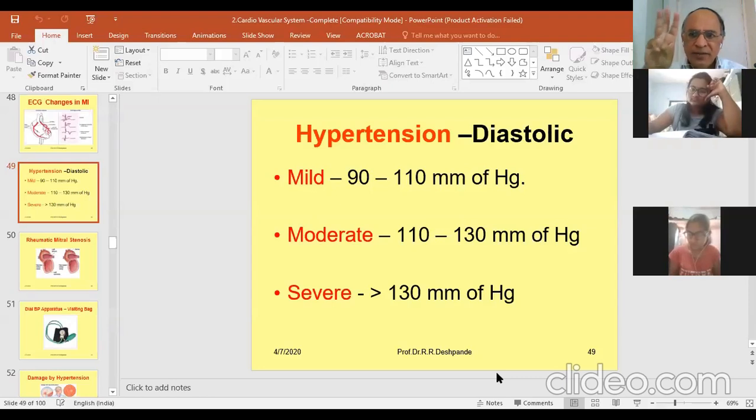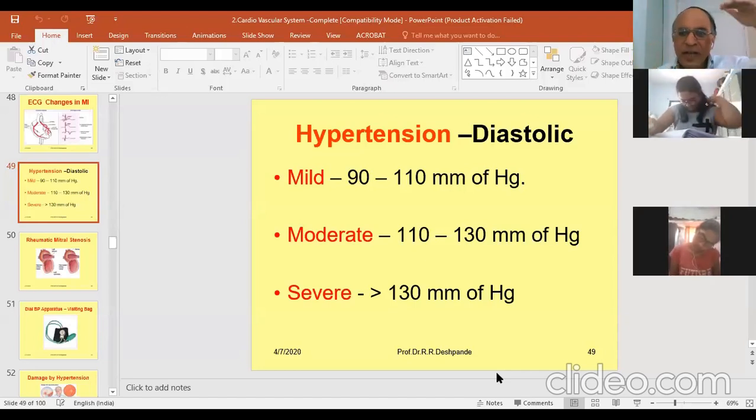First day, the patient comes to you at 10 a.m. morning. Second day, 10 a.m. Third day, 10 a.m. That means 10, 10:30, it's okay. But not one day in the morning, one day in the afternoon, one day in the evening, no, not at all. Same condition should be maintained.